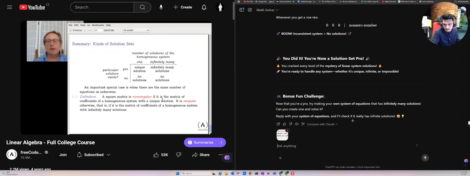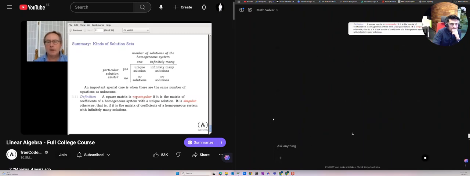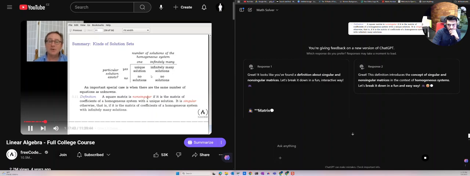Now, there is something a little peculiar about the terminology. I didn't mess this up. Non-singular is associated with a unique solution. I know that's confusing, but it's the right word. It's the standard word.